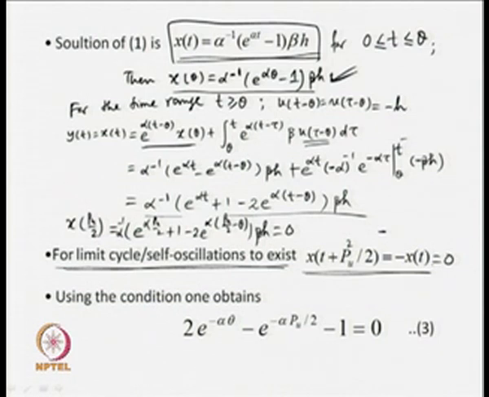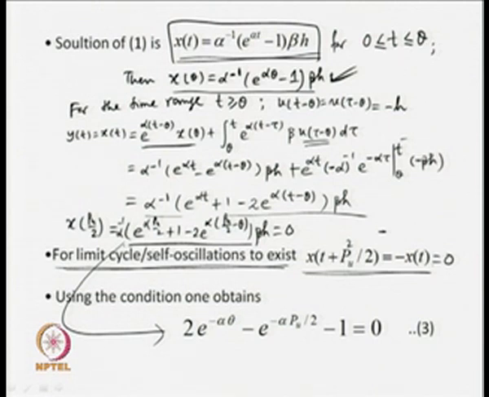Then this expression can be written in this form: 2 e to the power minus alpha theta minus e to the power minus alpha pi by 2 minus 1 is equal to 0. Why is that so? Because alpha is a constant and beta is a constant. Therefore, this expression is equated to 0.